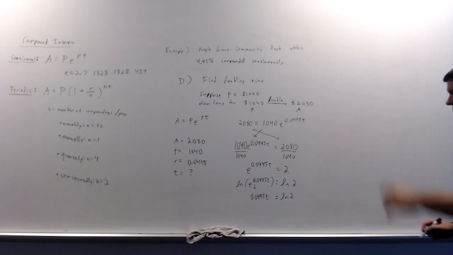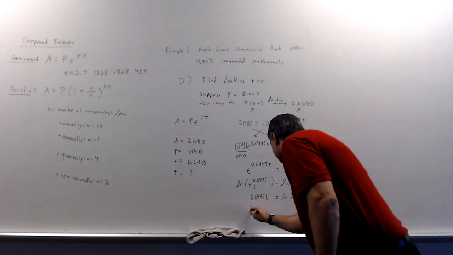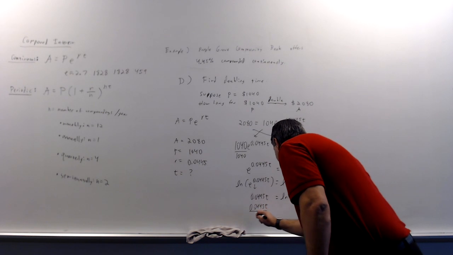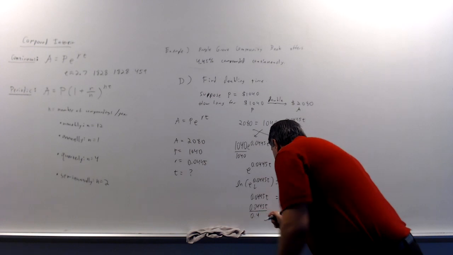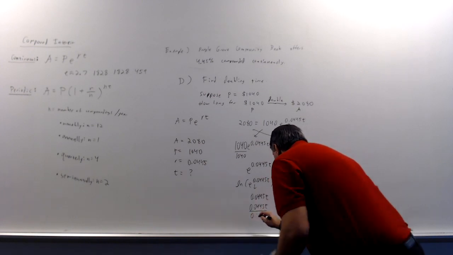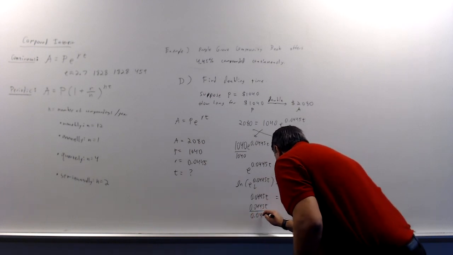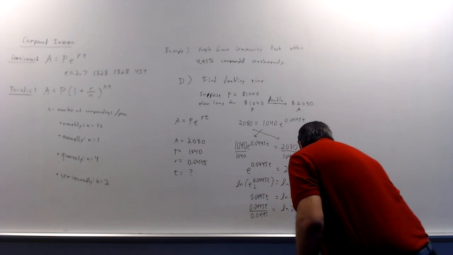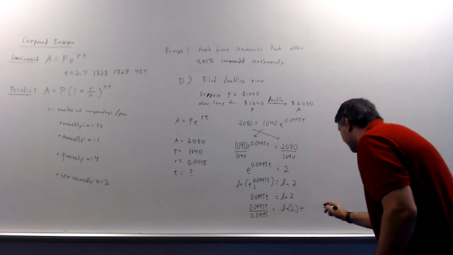Okay? All I need to do now is divide off that 0.0445. Might want to put that in parentheses to be on the safe side.